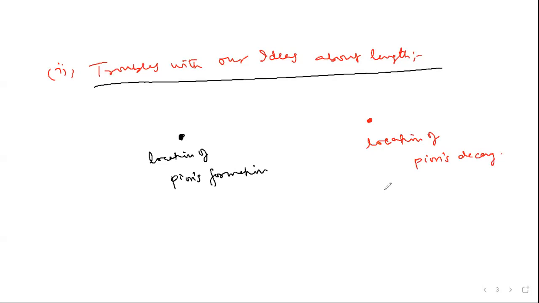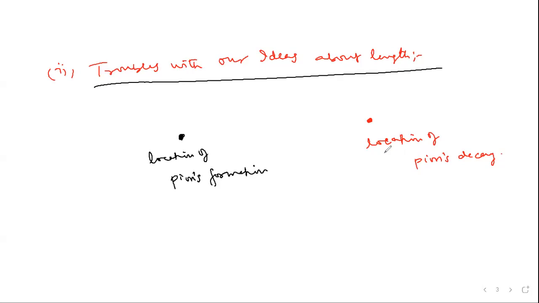So there is an observer in the laboratory which we discussed. What does the observer do? The observer places one marker here, which is the location of pions formation, and another marker at this in red at the location of pions decay.